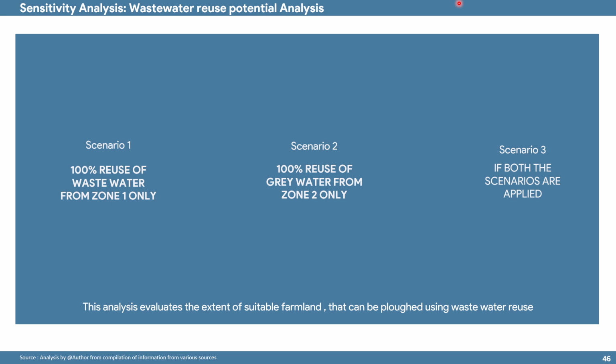And what if we utilize combined wastewater and grey water from both the zones? Each scenario quantifies the portion of the identified 774-acre farmland that can be irrigated or plowed using the city's treated wastewater.